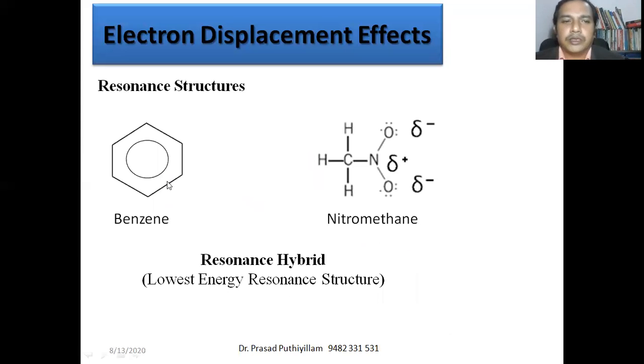The structure which has the lowest energy or more stability, and more stability means their energy will be less, that's why they are stable. Such a structure we call the resonance hybrid. In the case of benzene, this is the resonance hybrid. In nitromethane, the structure represented here is the resonance hybrid of nitromethane.